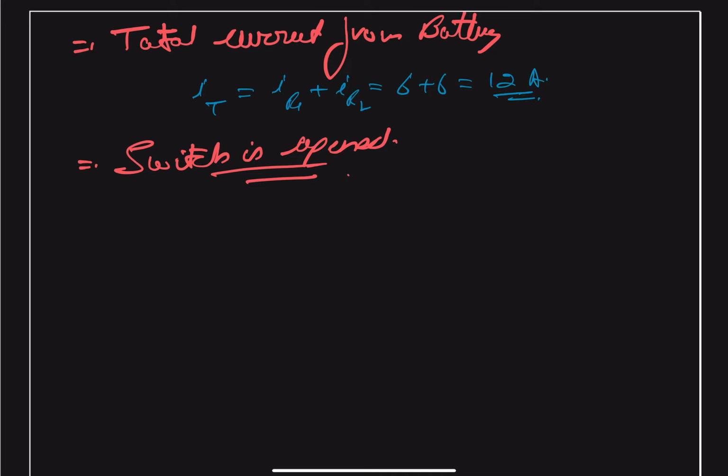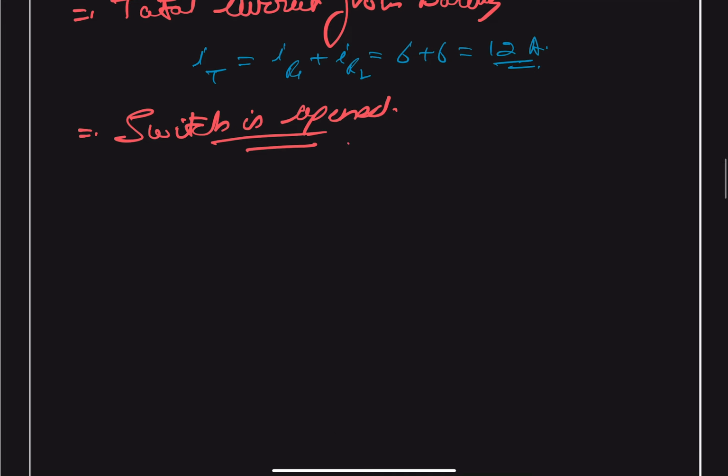So in this case, the inductor along with R1 and R2 forms a new LR circuit.